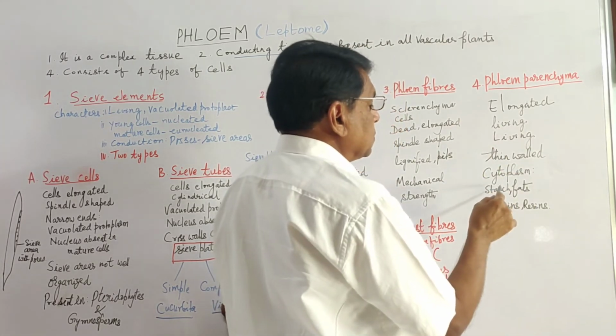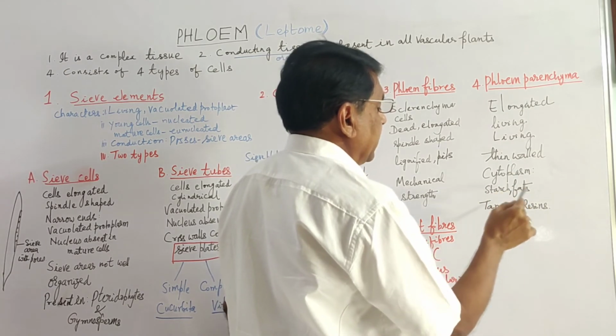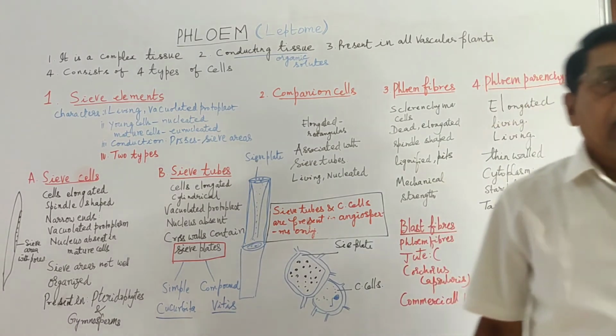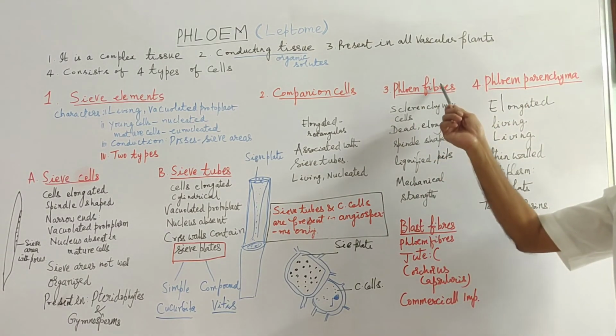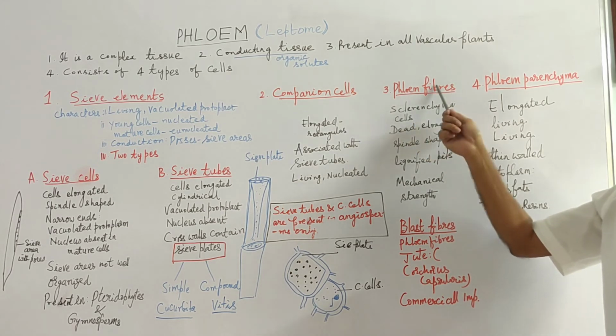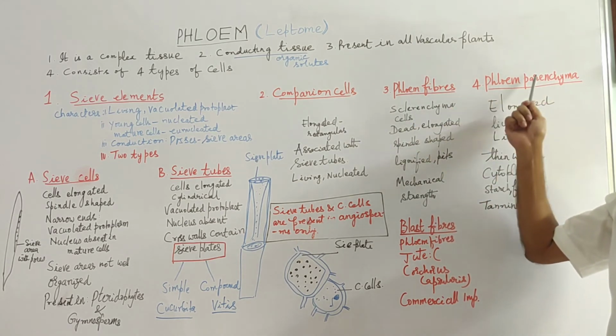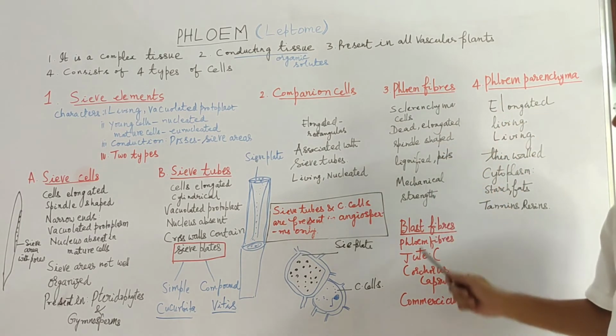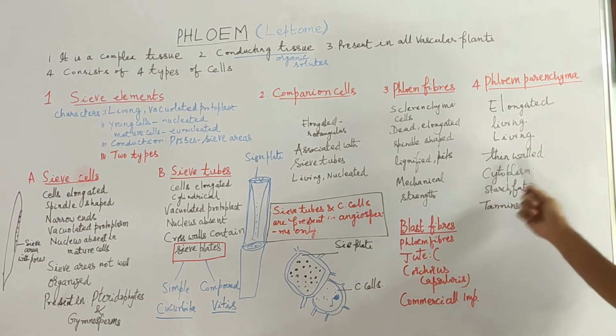These cells store starch, fats, tannins, resins. We can simply say sclerenchyma fibers associated with phloem are phloem fibers, and parenchyma cells associated with phloem are phloem parenchyma. Phloem fibers, or bast fibers, give mechanical strength. Here it is living.